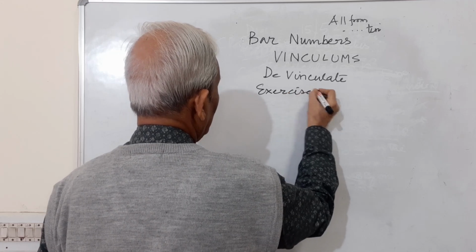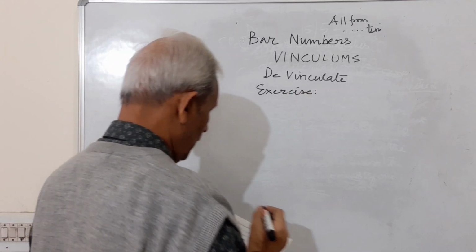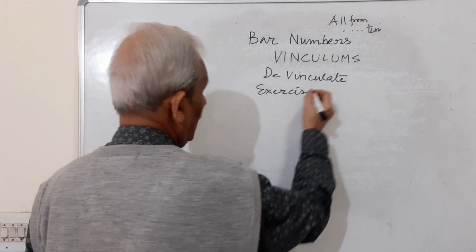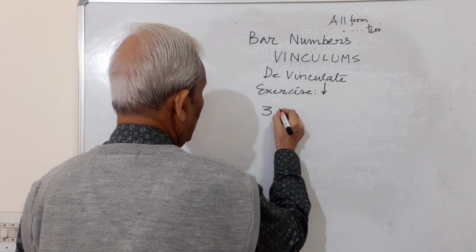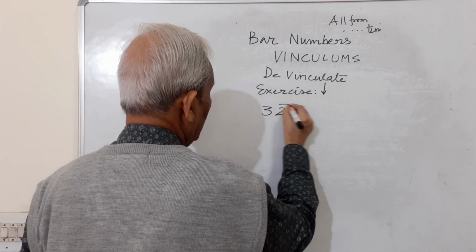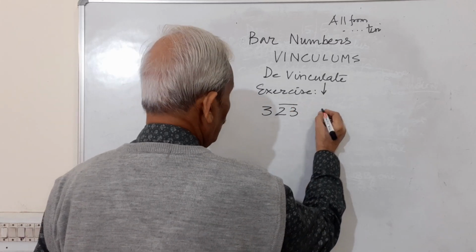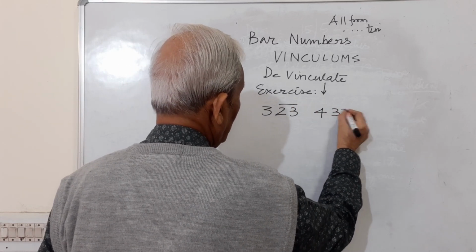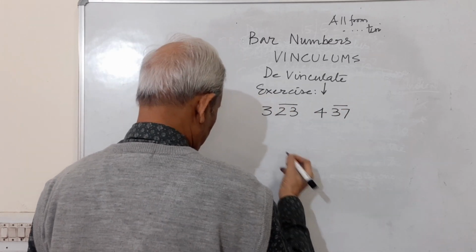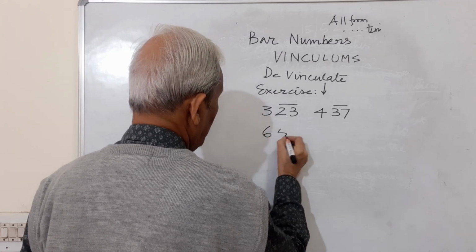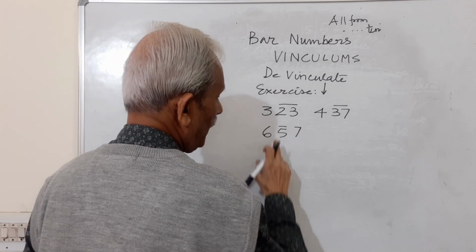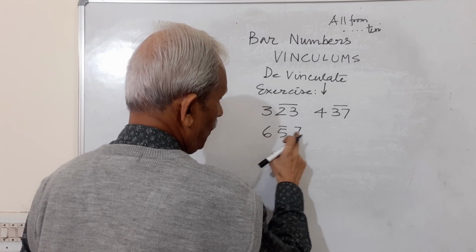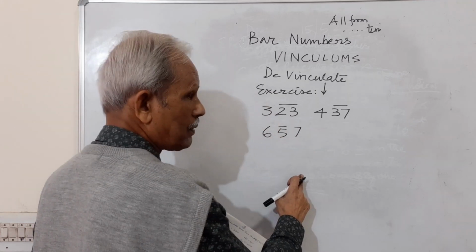for doing this devinculation. Here, devinculate these numbers. 3, 2, 3 bar, 4, 3, 7 bar, 6, 5 bar, 7. Here you have to only change 5, not 7. So 7 will come as it is.